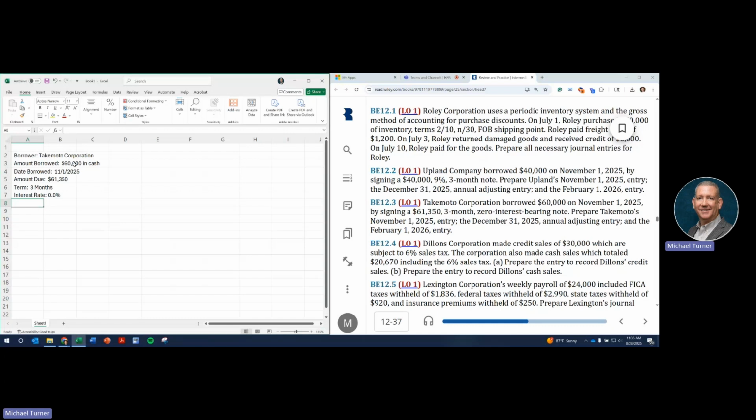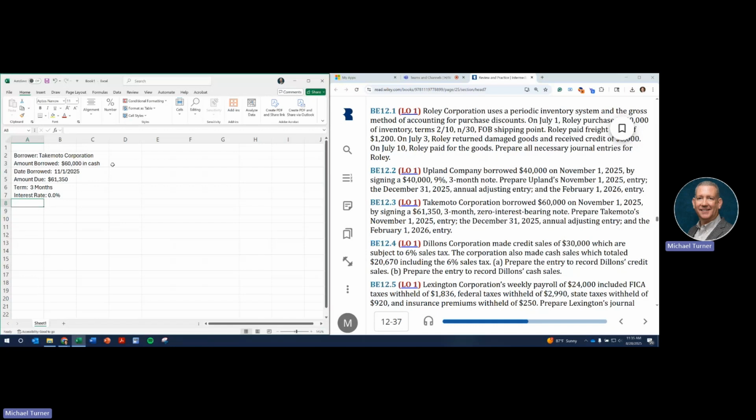We mentioned Takamoto borrowed $60,000 in cash on November 1st, 2025. We're told it's a 3-month term, so we know that's going to mature 3 months later on February 1st, 2026. So 2 of those months are in 2025, November and December, and then 1 month of the loan is carried in January 2026.